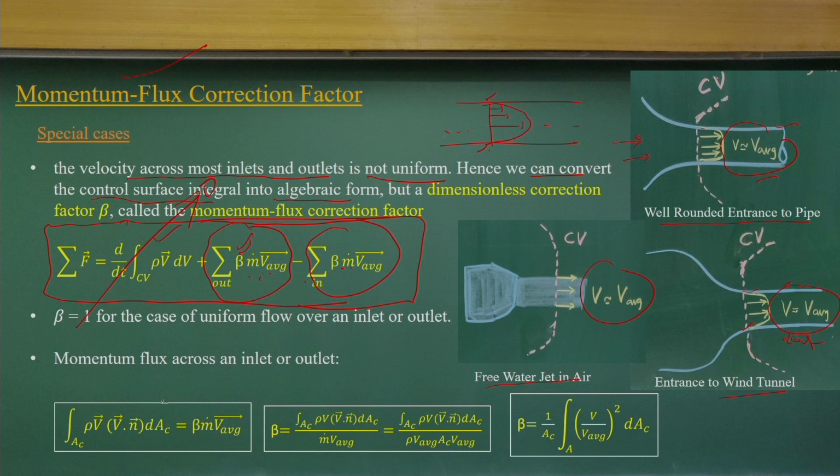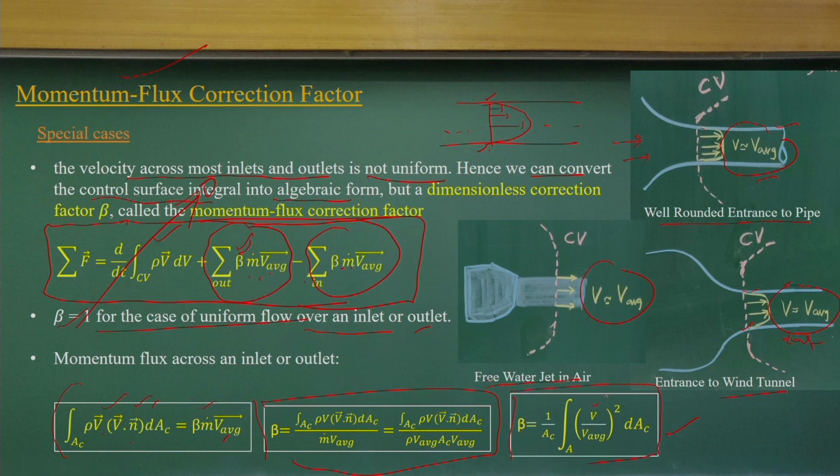Okay. So, let us have this for a uniform flow. Beta will be equal to 1. If I do the integration of the velocities and the scalar products of V and N over a surface A, and I represent an average, beta will come to be this part, or with simplifications, beta will come this way.